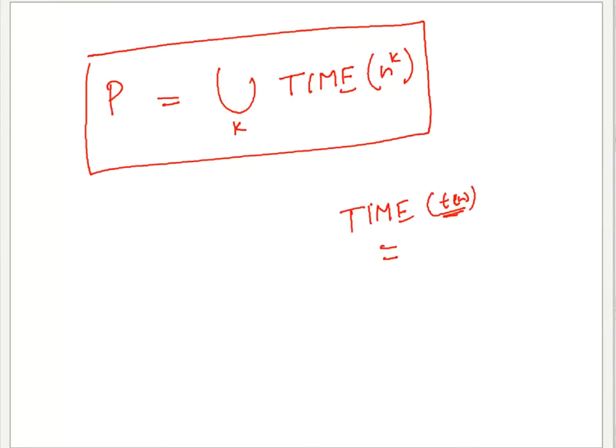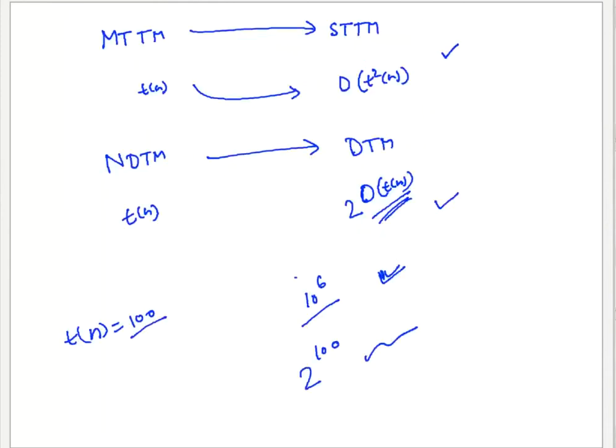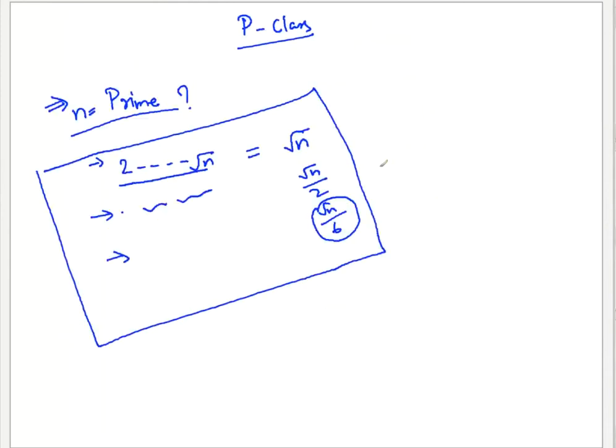Now let's return back. Tell me, for this algorithm, this Turing machine, what is the running time? Let's say prime is the language.